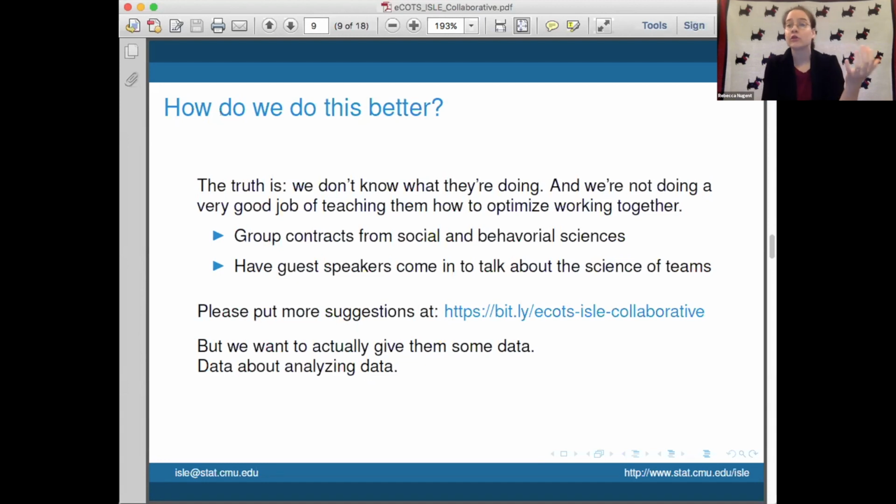So in the other group sessions that we've had today, we've seen some different ideas about how we can try to teach them how to work as a group. Not the statistics or the data analysis, but actually working as a group. So we've tried things like group contracts that you might find from social and behavioral sciences, trying to give them information about how to optimize group, not just the group, like who's in the group.